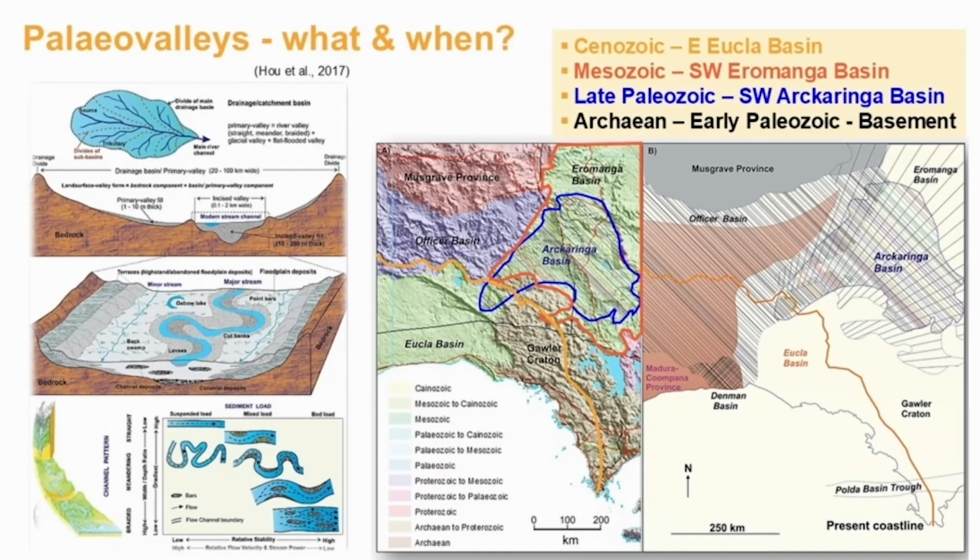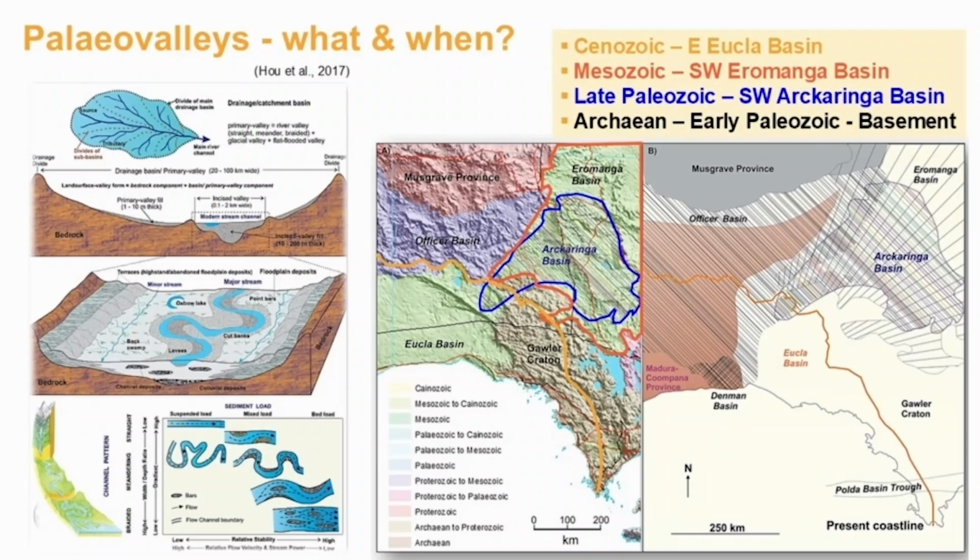In this area, we work out the relationship between the different generations of the Paleovalley. We know we have 3 generations of Paleovalley. The late Paleozoic Paleovalley mainly relates to the Archean basin.